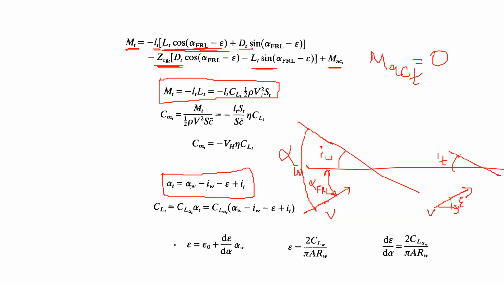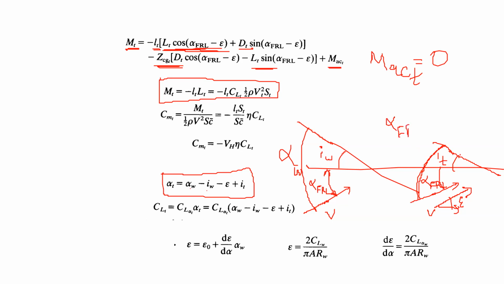Now, we know that the angle from the fuselage reference line is this. So if you add the angle IT to the angle of the fuselage reference line, then effectively you have this angle of attack. No downwash was considered. So what is the angle of attack at the tail?